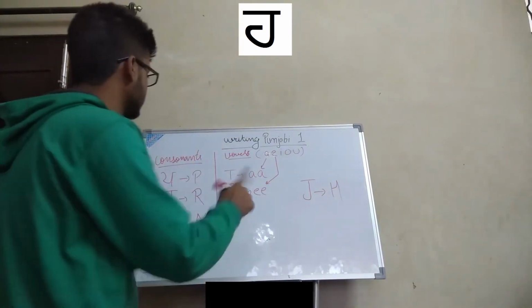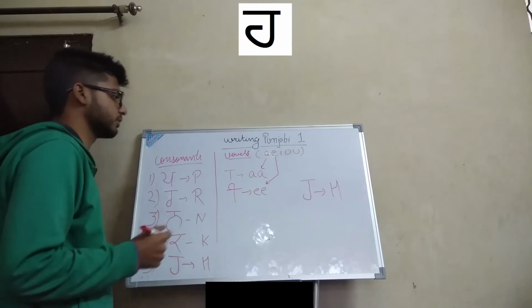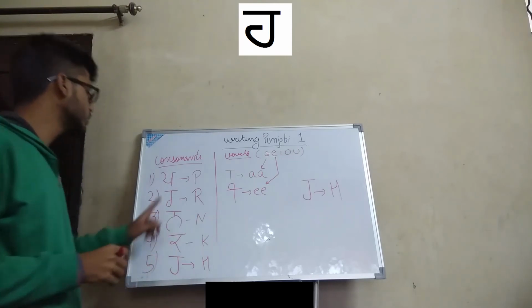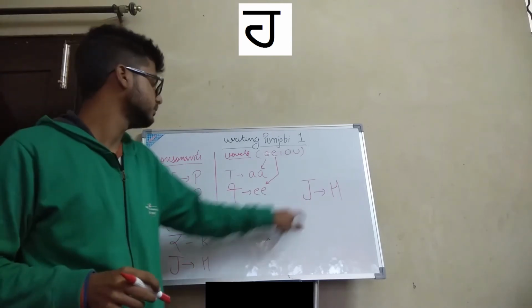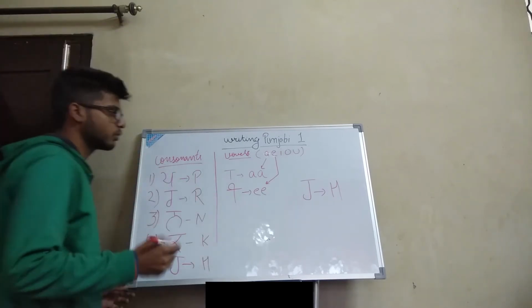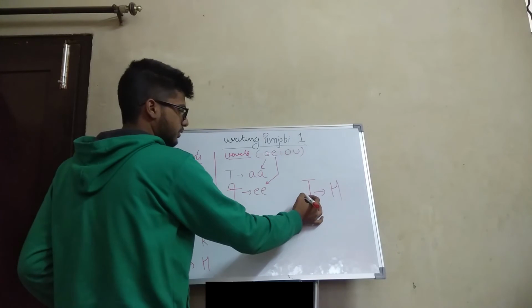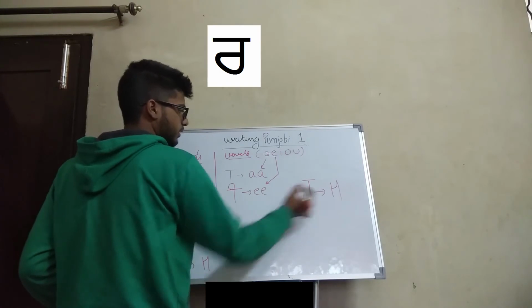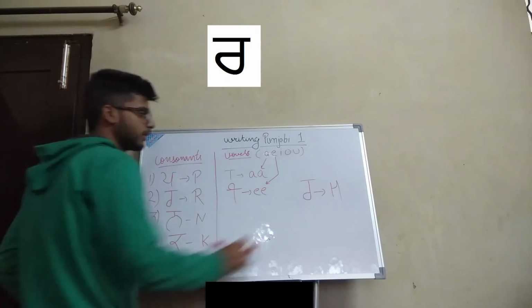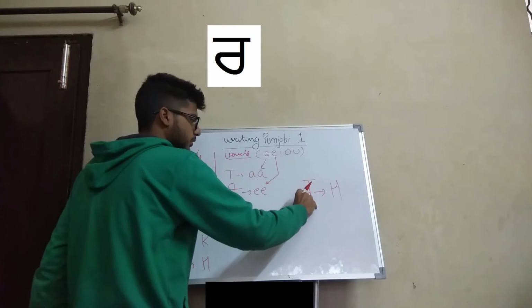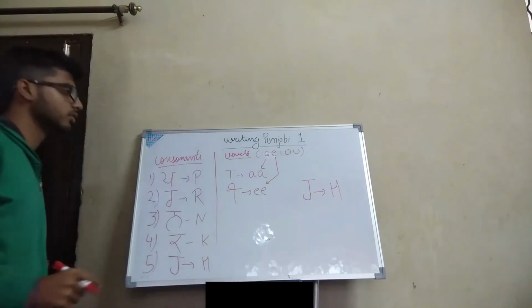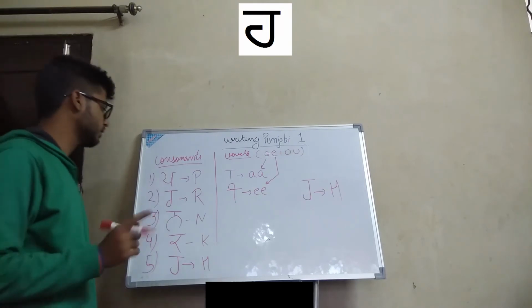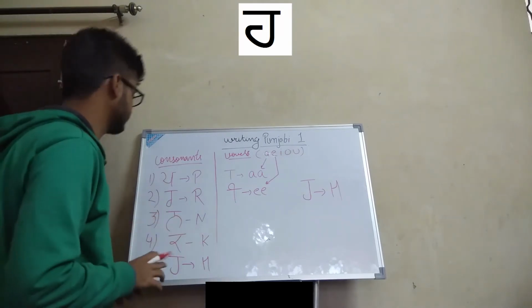This letter corresponds to H. So you can notice the difference between R and H. To make it R, I just need to close it from here. Now this is R and now this is H. So don't confuse between these two, R and H.